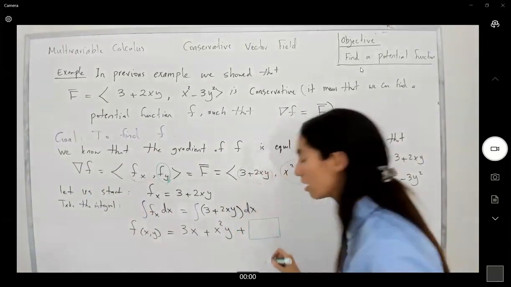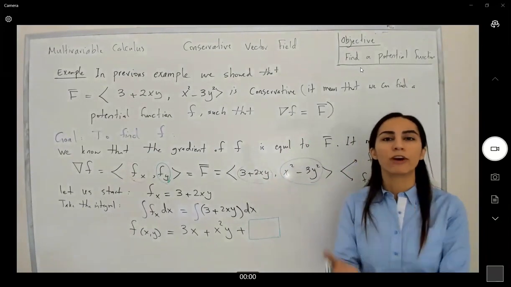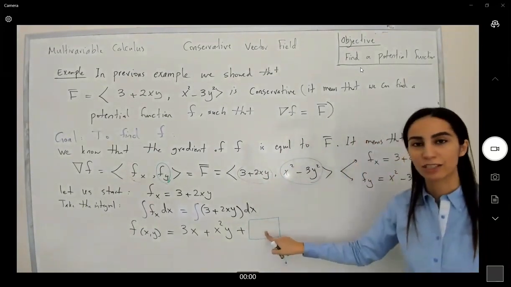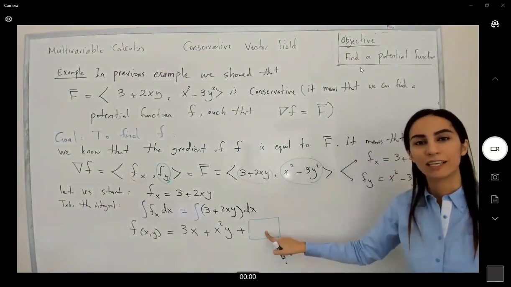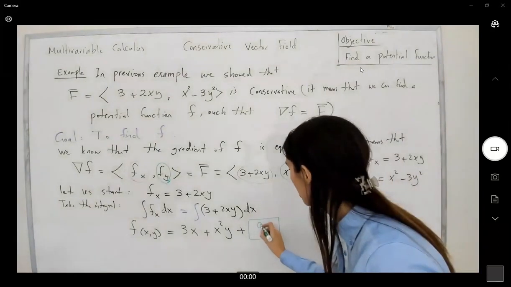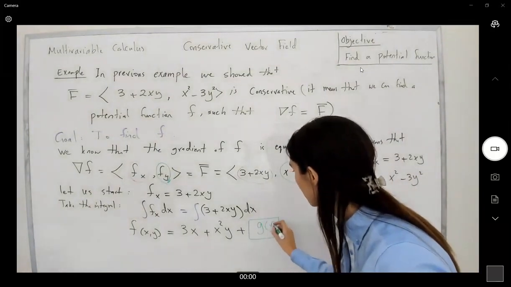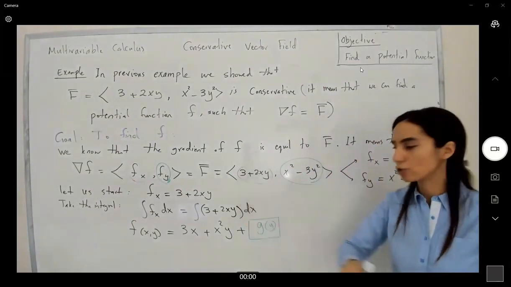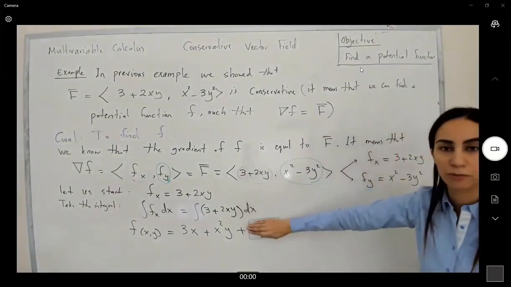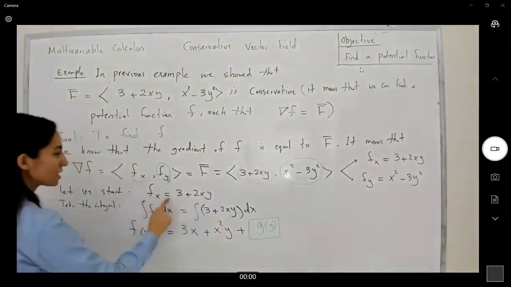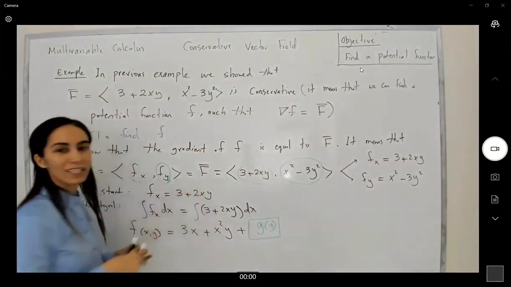Is it just a number or a function in y? This constant here is a function in variable y, like g(y). If you have an expression in y and you take the derivative with respect to x, this will just disappear. So you get the first equality, f_x equals 3 plus 2xy.